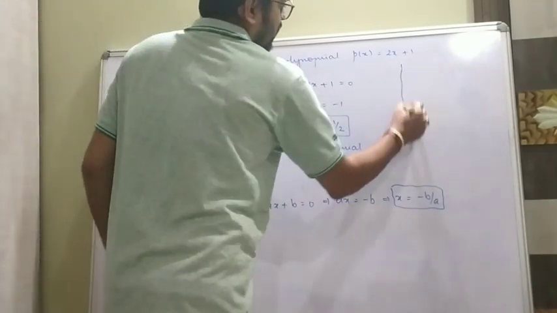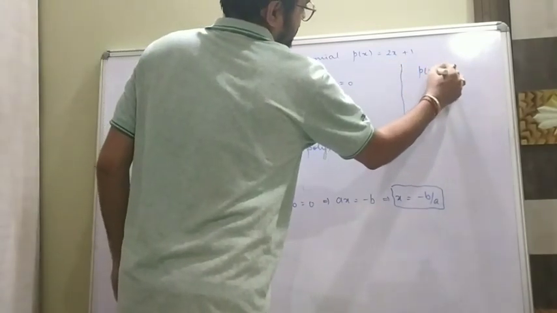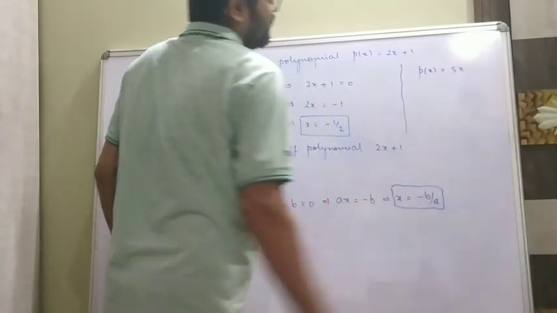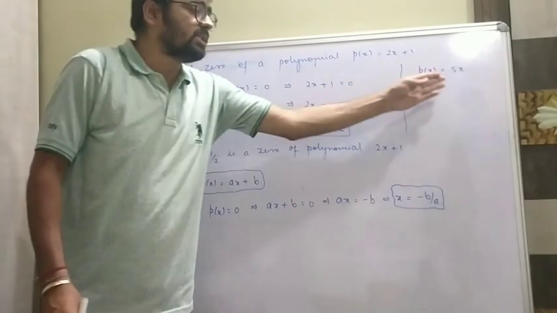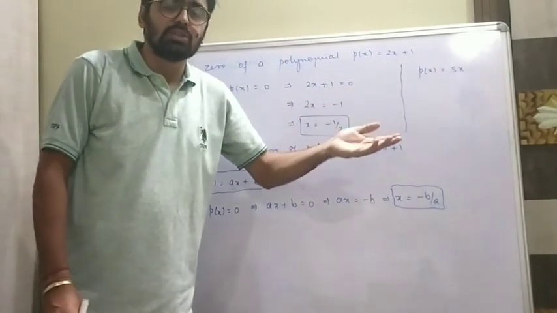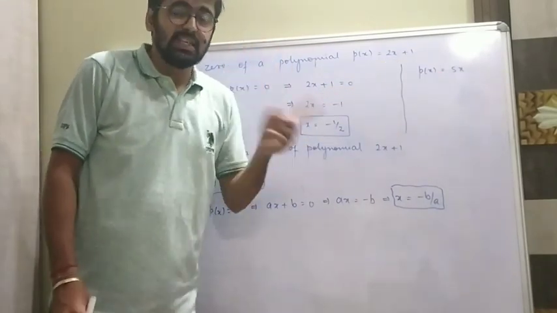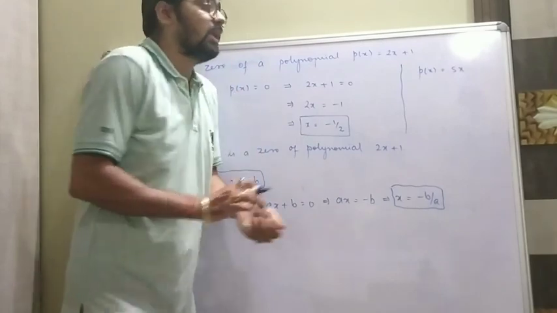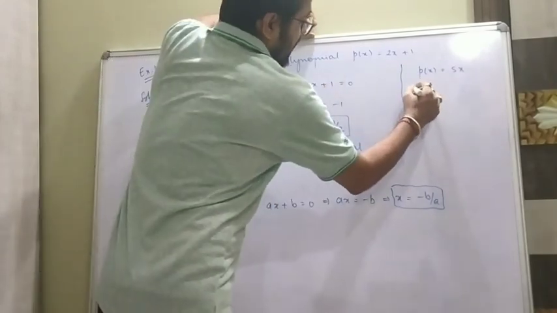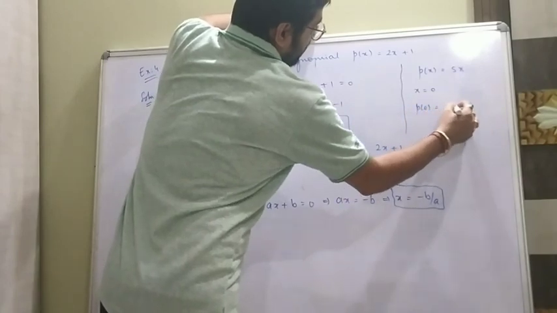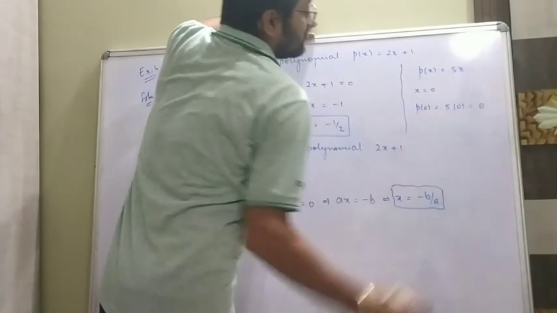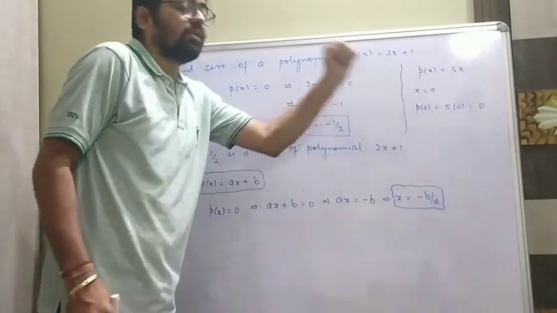If I have a polynomial something like this, p of x equals to 5x, and if I want to find the 0 of this polynomial, definitely it is going to be 0. 0 is a 0 of a polynomial. Means if I replace x by 0, then it becomes p of 0 equals to 5 into 0, which is 0.